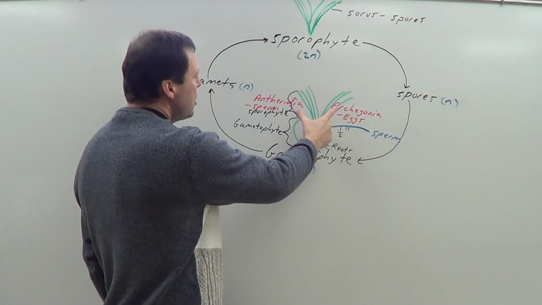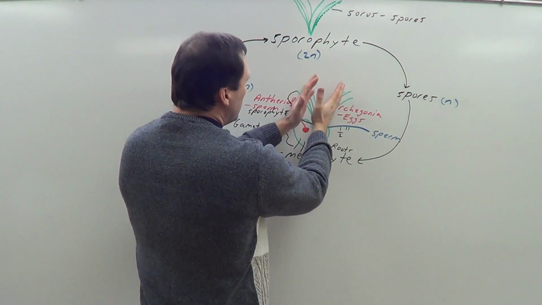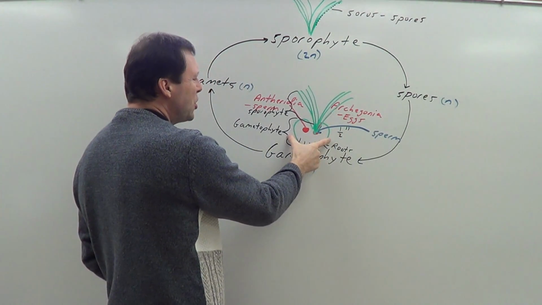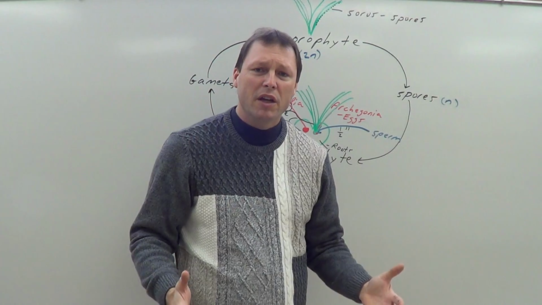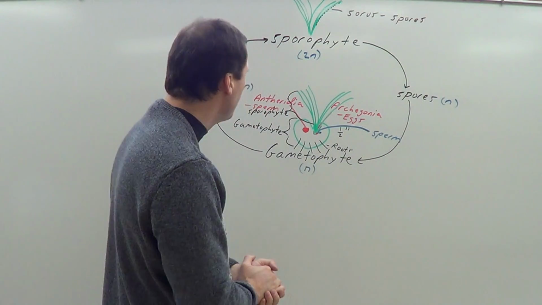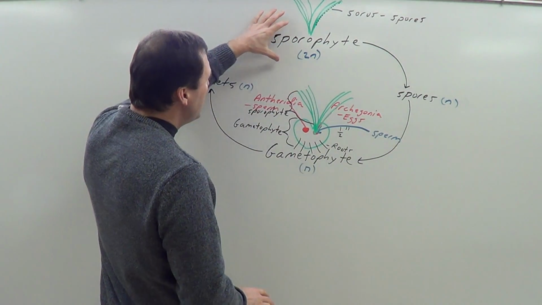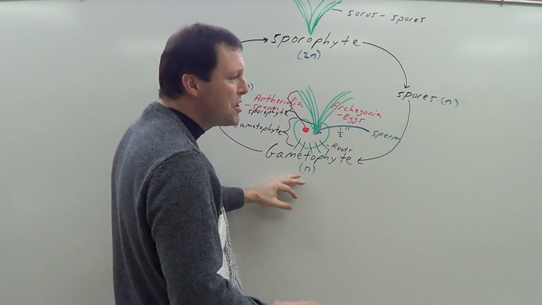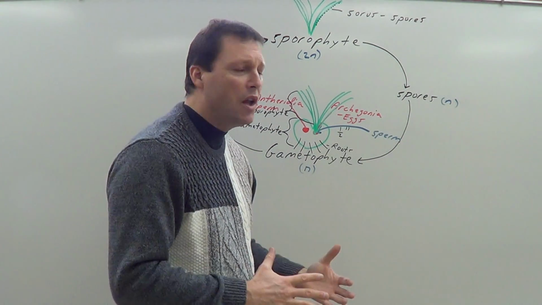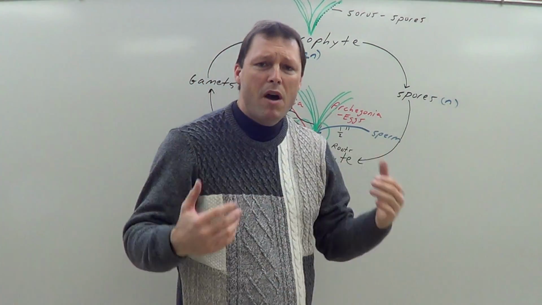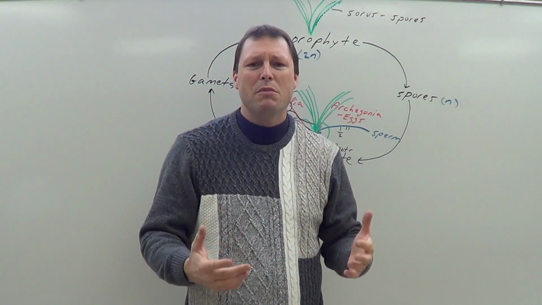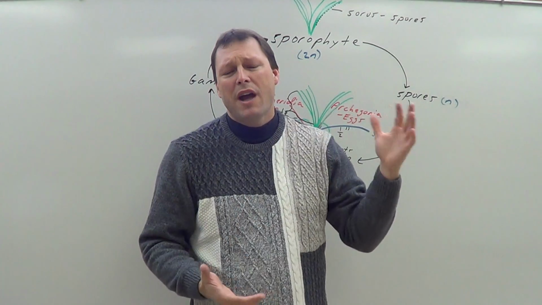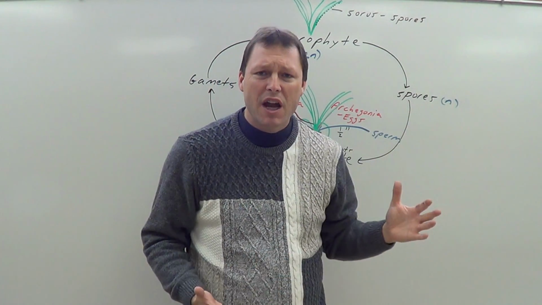Now eventually this sporophyte is going to get bigger and bigger and bigger until it literally crushes the little gametophyte and ends up killing it. That's just by design. That's just the way it is. So the big difference here between the moss life cycle and the fern life cycle is that in the moss life cycle, the sporophyte grew right off the top of the gametophyte, and the two kind of live together, physically connected.